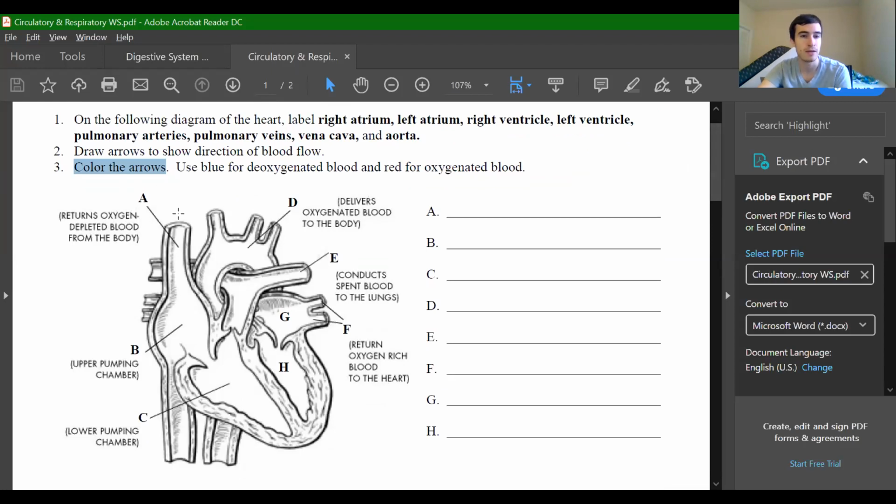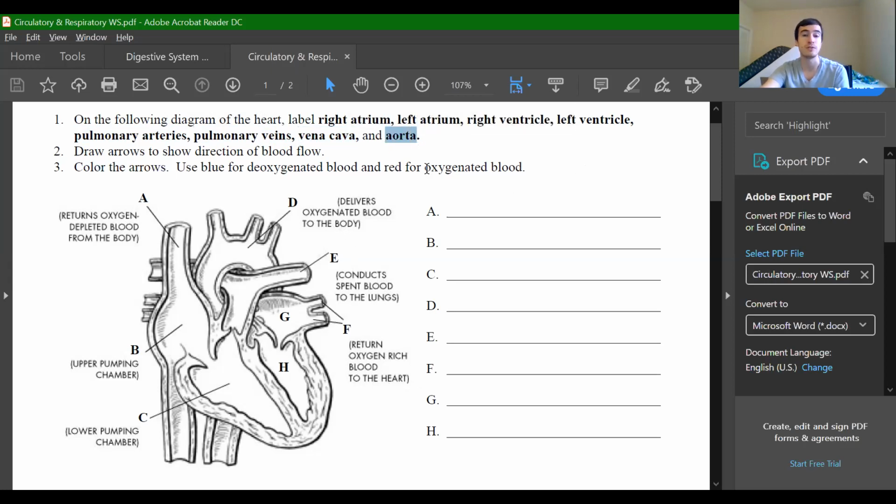So we have A, B, and C over on this side, D, E, and F over on this side, and then G and H over here, down here. It describes a little bit of what they do for each one to give you a hint. And so for each one of these labels, A through H, you need to write down if it is the right or the left atrium, the right or the left ventricle, the pulmonary artery, the pulmonary vein, the vena cava, or the aorta.